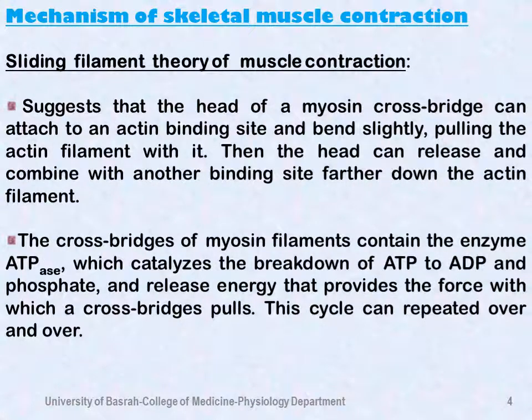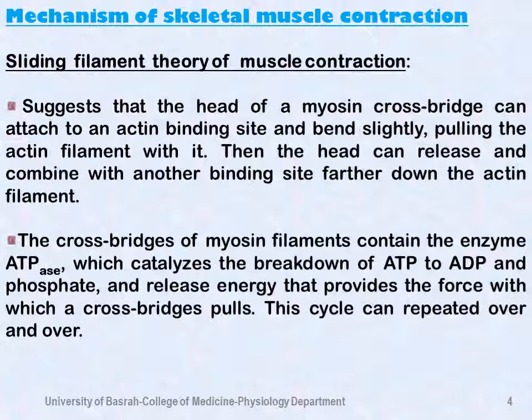The sliding filament theory of the muscle contraction suggested that the head of myosin cross bridges can attach to an actin binding site and bend slightly, pulling the actin myofilaments with it. Then the head can release and combine with another binding site, and this is going to make further bending of the actin myofilaments.